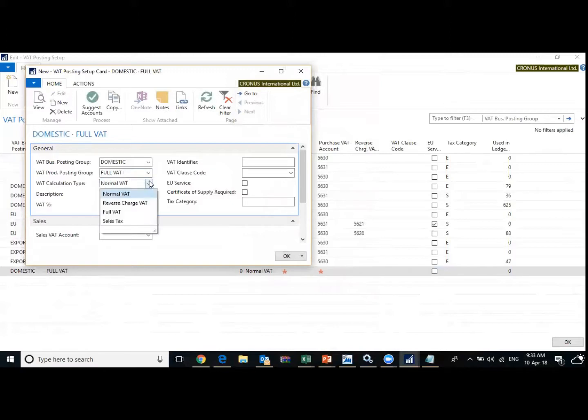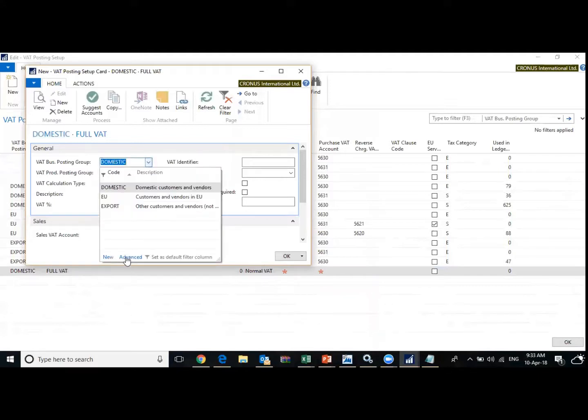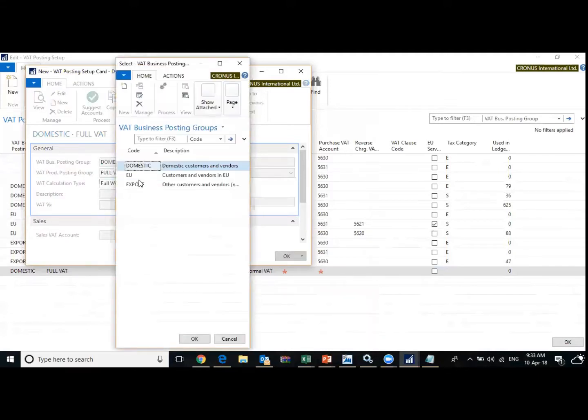This is going to be now full VAT. Why is this so? If, for example, I should create my clearance agent in my system. Once I choose this clearance agent, he is attached to this setup. His VAT product posting group is attached to this business posting group. Okay, so I need to add, sorry, one more thing.